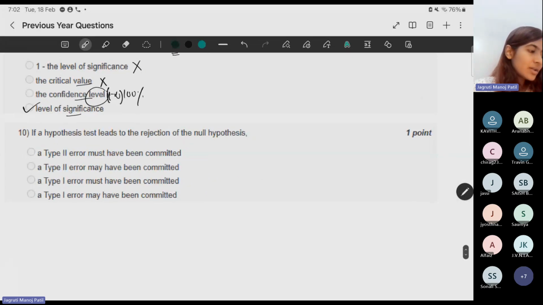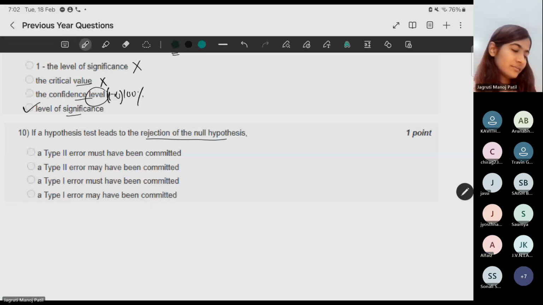If a test leads to the rejection of the null hypothesis, then what should have been done? So we are rejecting the null hypothesis. Yes, someone?